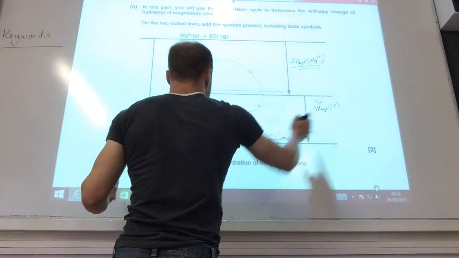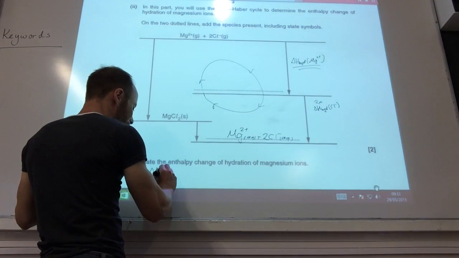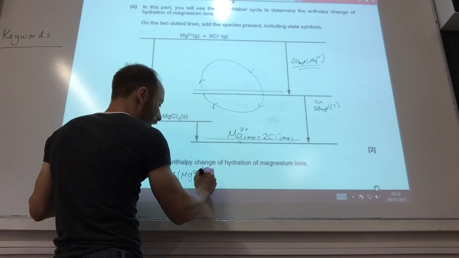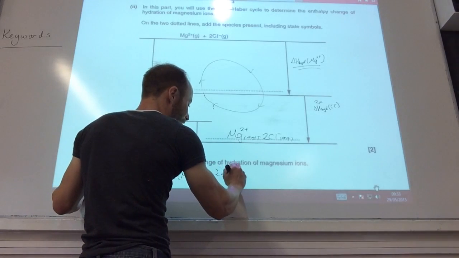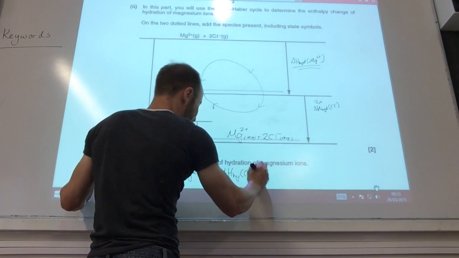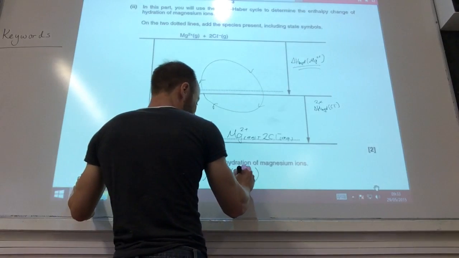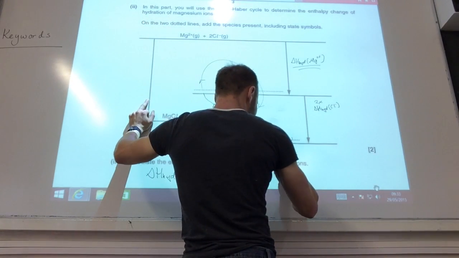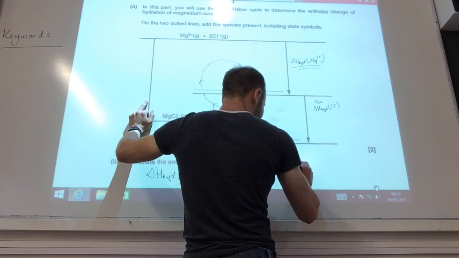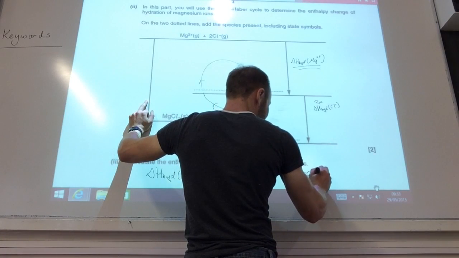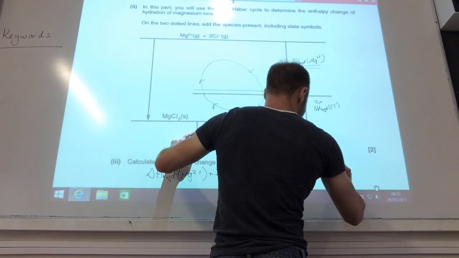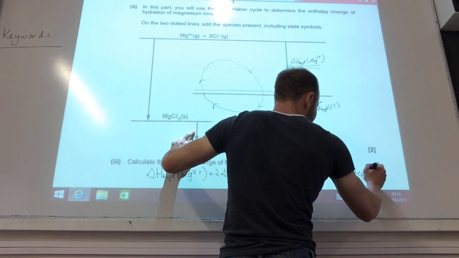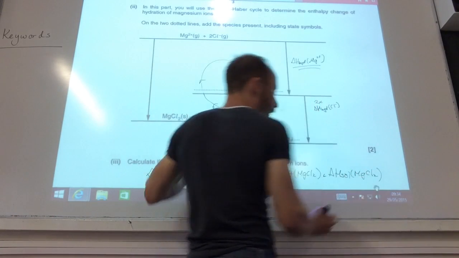So these 2 arrows, delta H hydration of Mg2+ plus 2 delta H hydration of Cl-, must equal delta H lattice for MgCl2 plus delta H solution of MgCl2 as well.